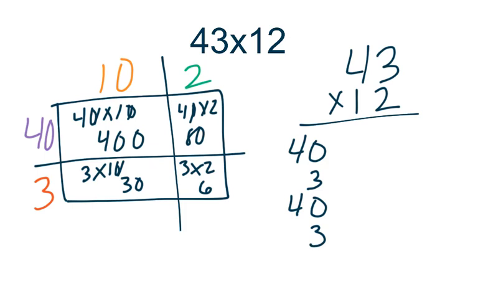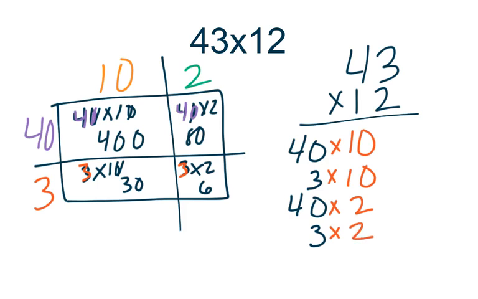The reason why we're expanding it 2 times, if you look over here in our area model, we have 40 2 times, and we have 3 2 times. And we need to multiply those by both of our numbers that we expand from 12. So now we're going to expand 12. And we're going to multiply each piece times 12 expanded. So that would mean this piece would be multiplied times 10, times 10, times 2, times 2.